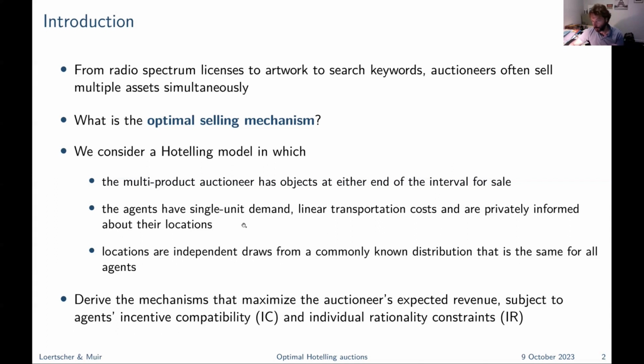The only thing that is private information of the agents is their location on the 0-1 interval. And so for this problem, we're going to derive the optimal selling mechanism, that is the mechanism that maximizes the multi-product auctioneer's expected revenue subject to the incentive compatibility and individual rationality constraints of the agents.